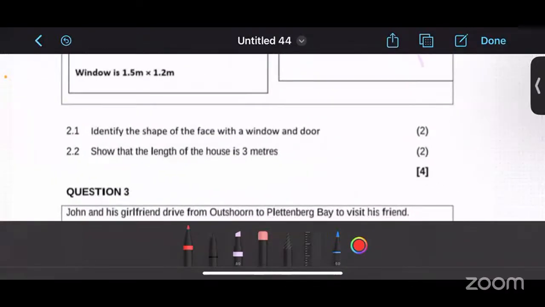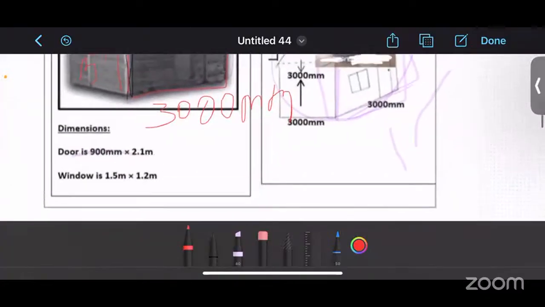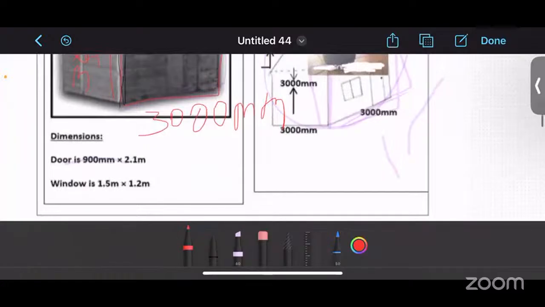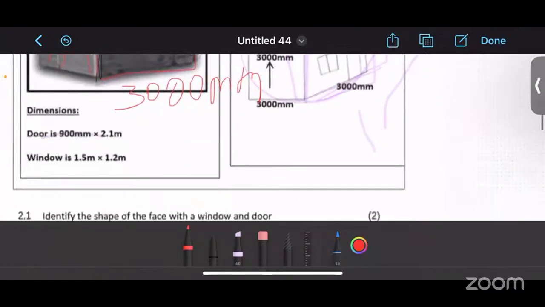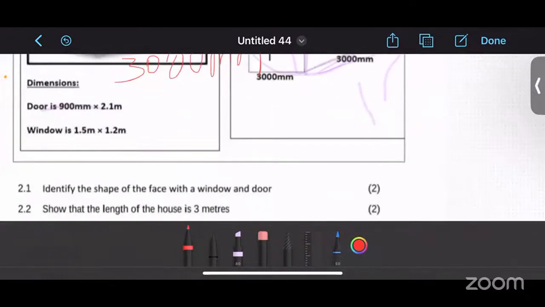Now let's move to the second question, which is the last question based on these. They say show that the length of the house is 3 meters. So they want you to show us that the length of the house is 3 meters. How are we going to do this? Ma'am, don't you just divide it by 1,000?